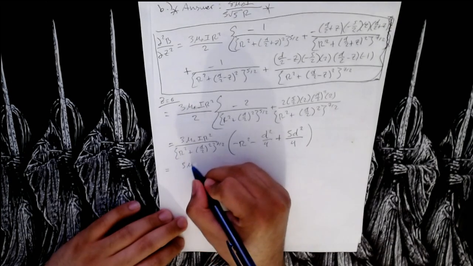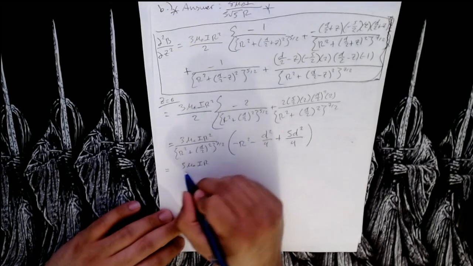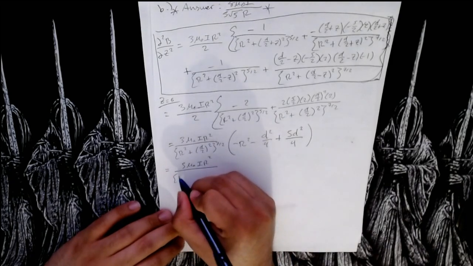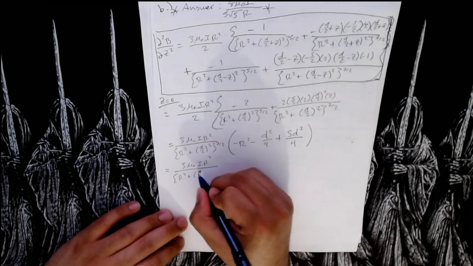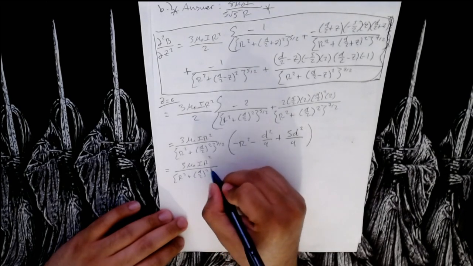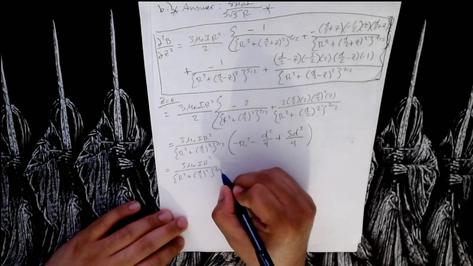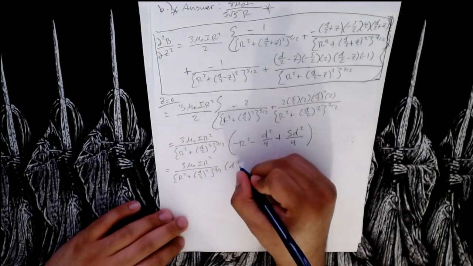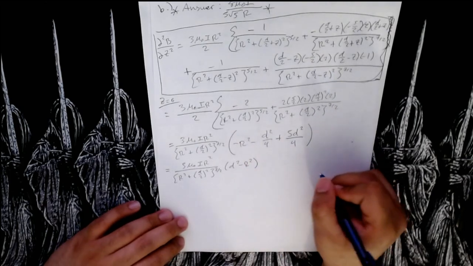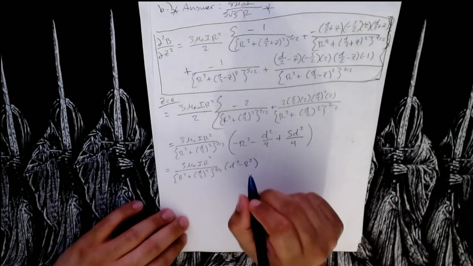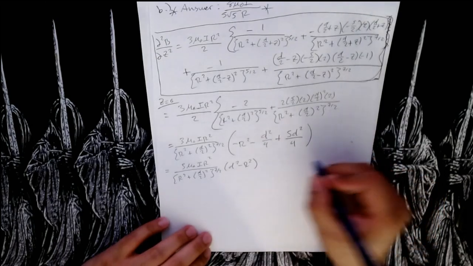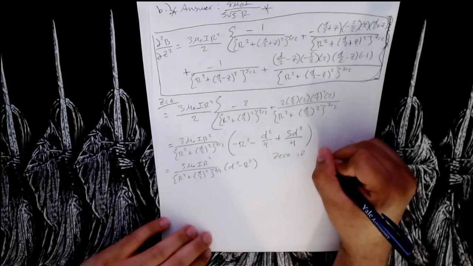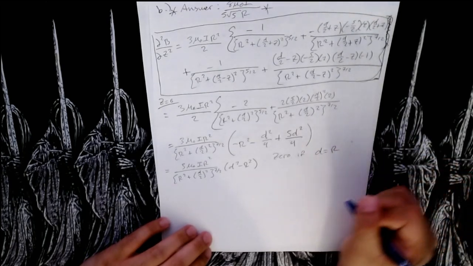And then this boils down to 3 mu naught I r squared over (r squared plus (d/2) squared) to the 7/2 power, times (d squared minus r squared). Now this is only going to be 0 if d is equal to r, right?